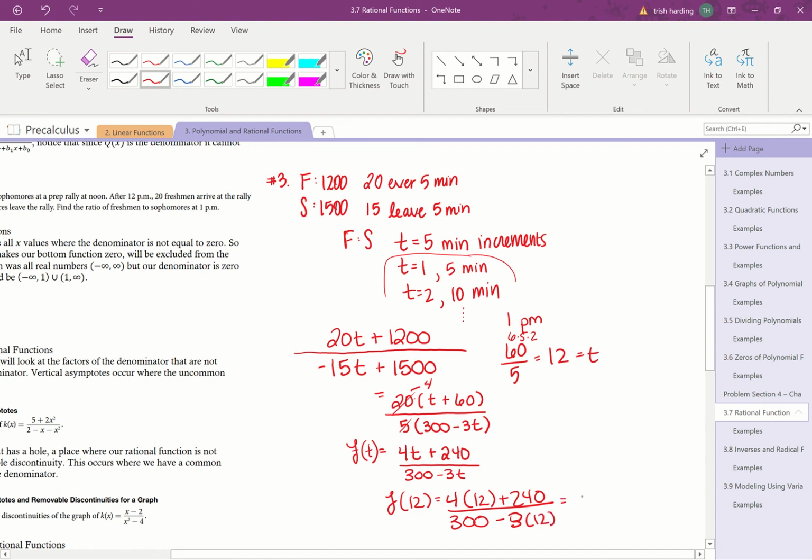And 3 times 12 is 36. And then we have 48 plus 240.